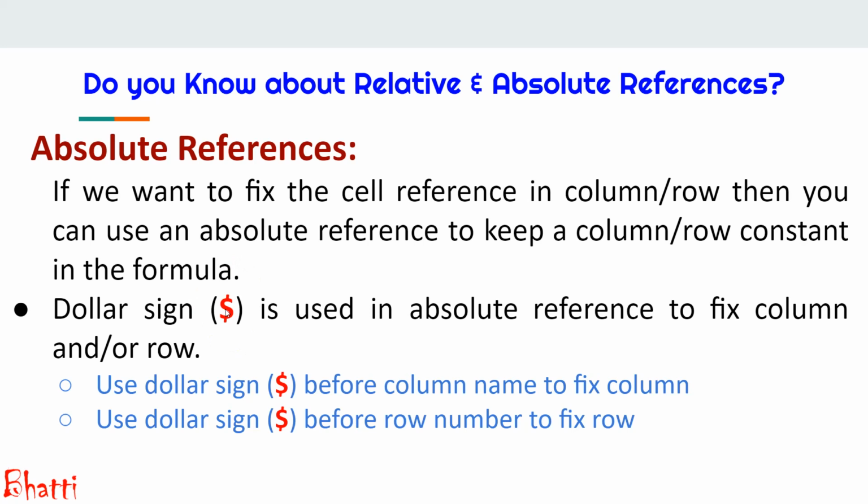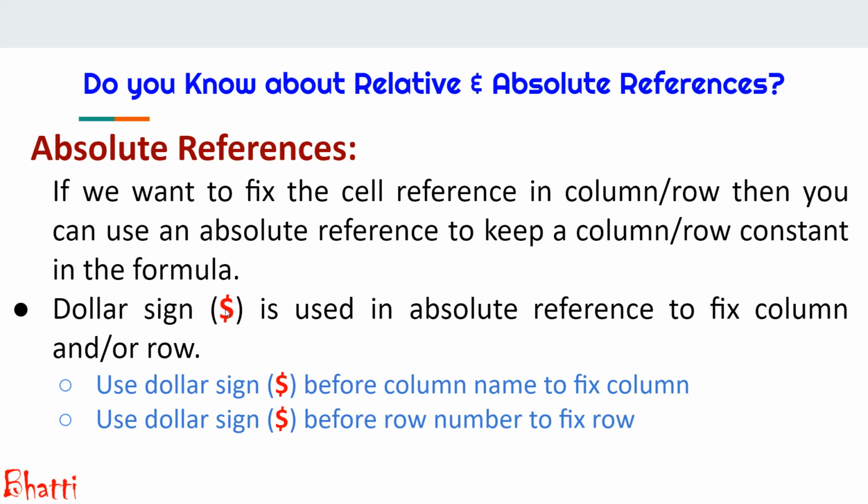If I put the dollar sign before the column name, the column will be fixed, and if I put the dollar sign before the row number, the row number will be fixed.